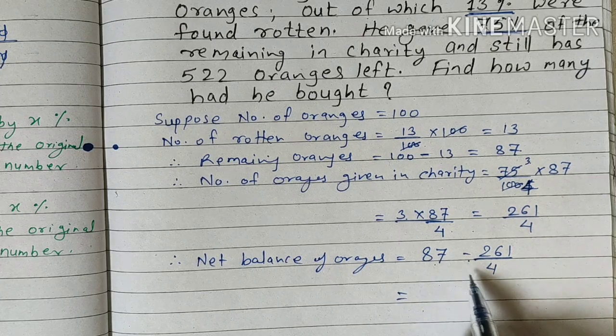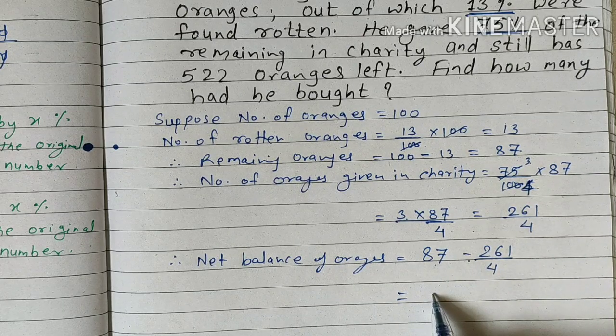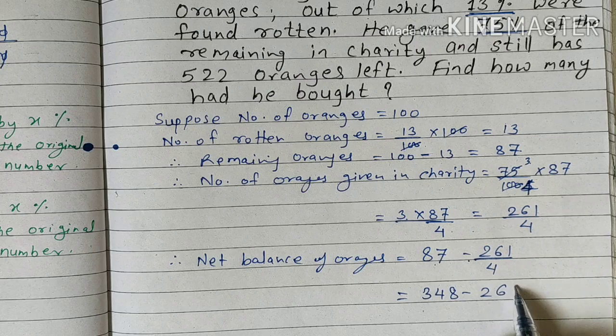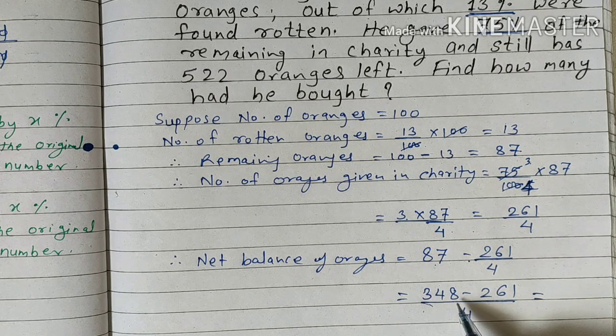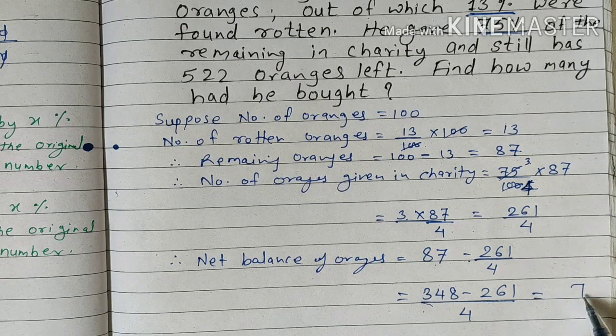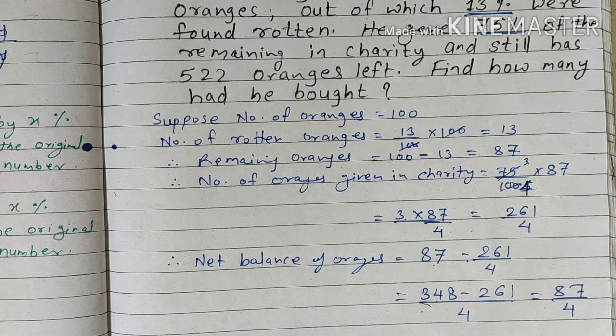So 87 multiplied by 4, it is 348 minus 261 upon 4. So the subtraction gives us 8 minus 1 is 7, 14 minus 6 is 8, and 3 minus 2 is 1, means 87 upon 4 will be the remaining oranges. Okay.